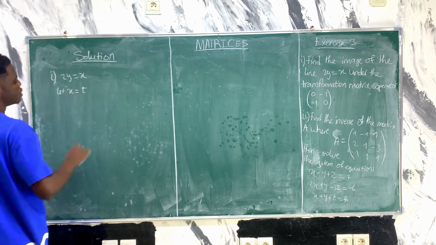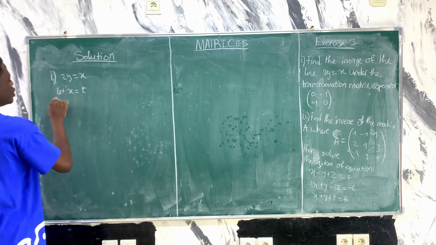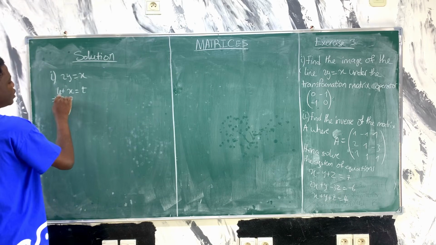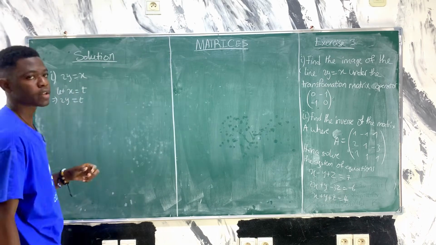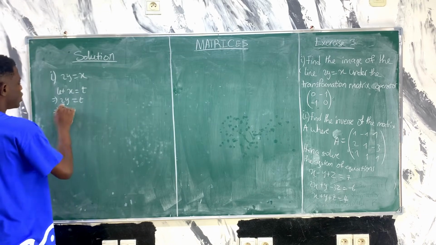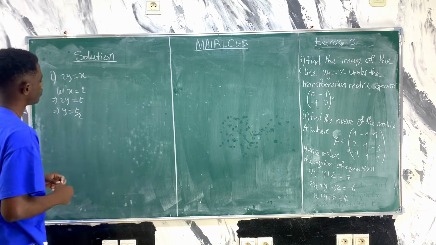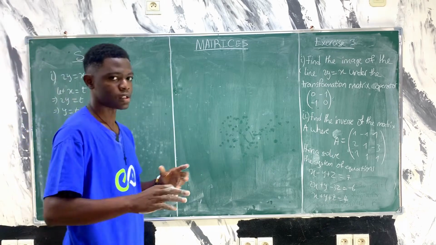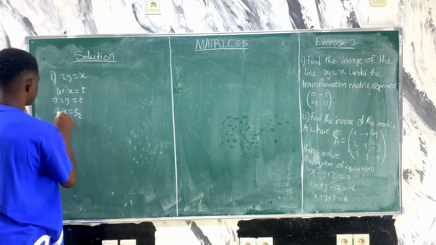Let x be equal to t. That implies 2y is equal to t. If x is t, then y will be t on 2.